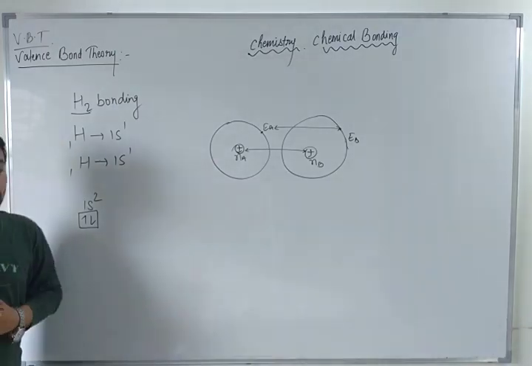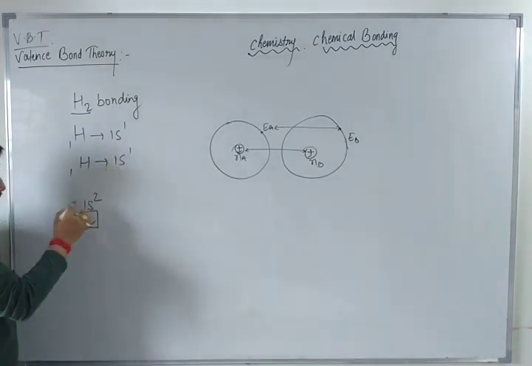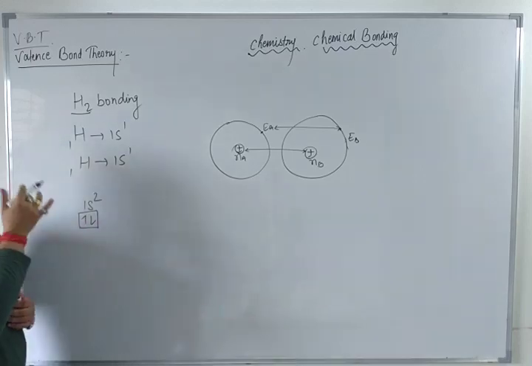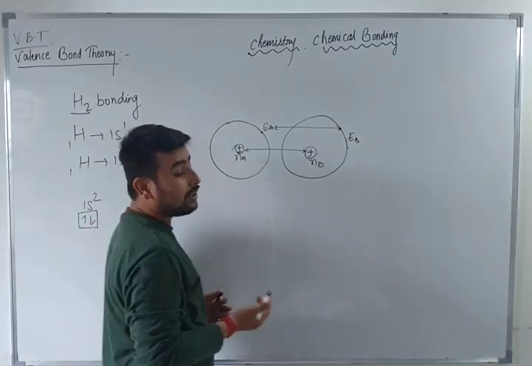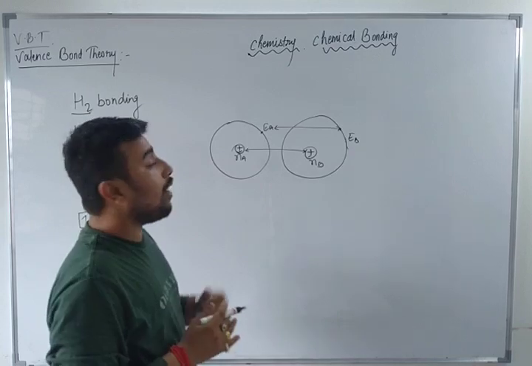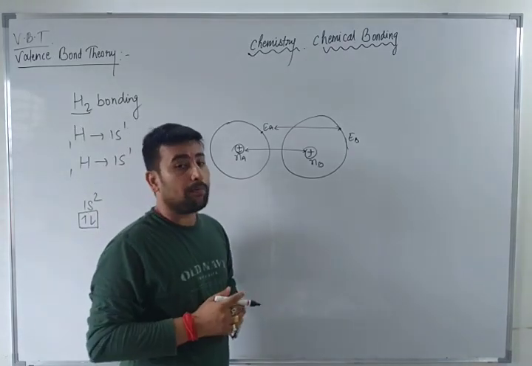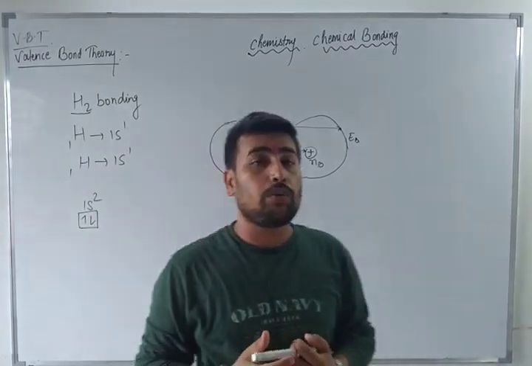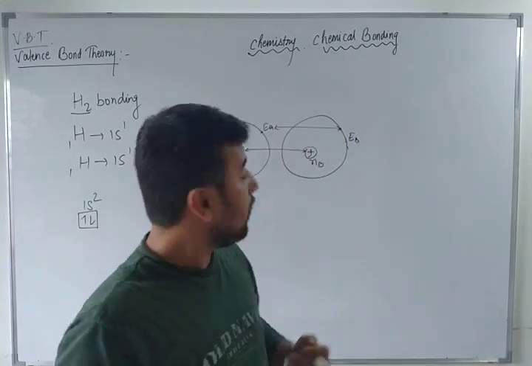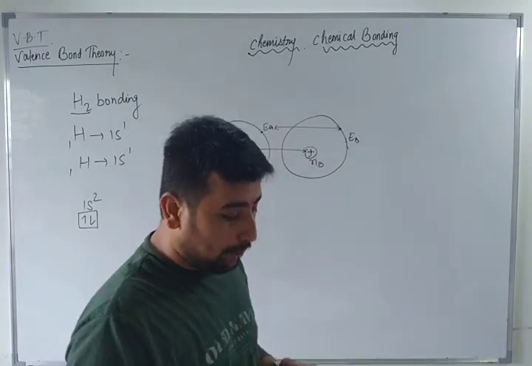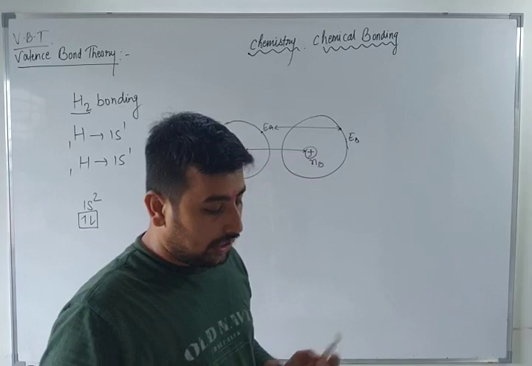Both hydrogen 1s1 will become 1s2, and both electrons will be accommodated. Now the question is how do these things happen? Pauli has said that all four quantum numbers can't be the same, but have you ever thought how these things are possible?